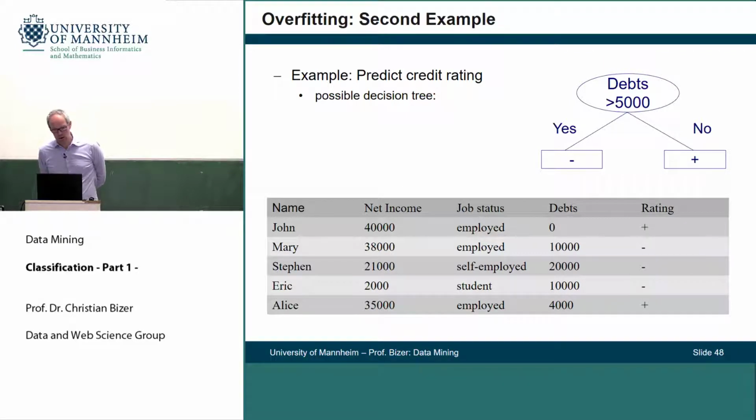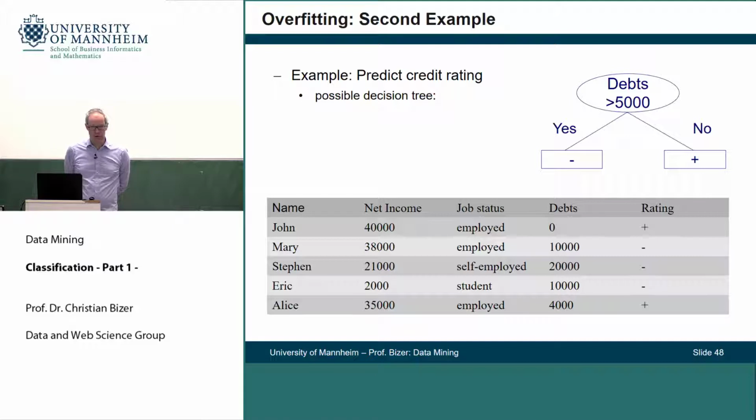We could learn a tree saying if somebody already has a debt higher than 5,000, we don't give them additional credit. This very small, very shallow decision tree perfectly fits our training data. We don't make any errors. All 6 examples are correctly classified.